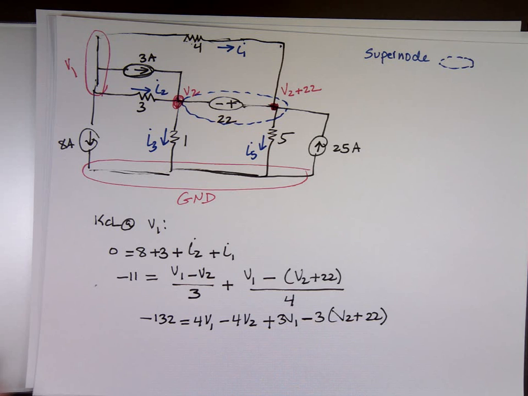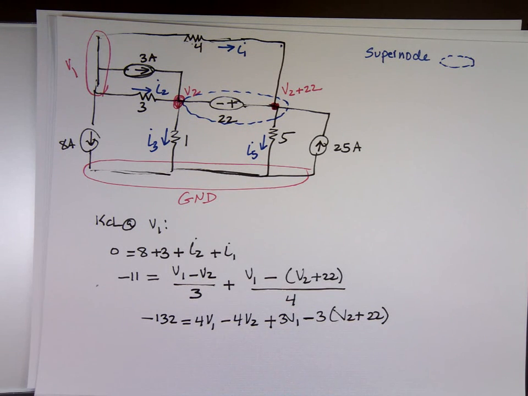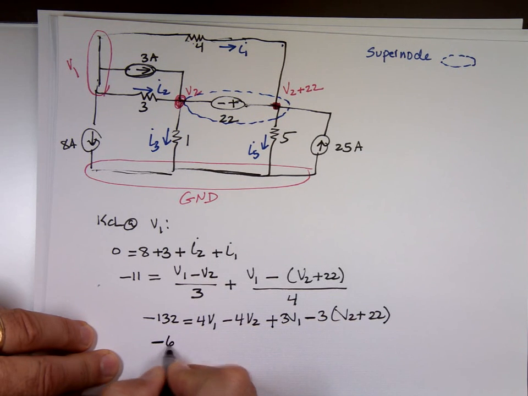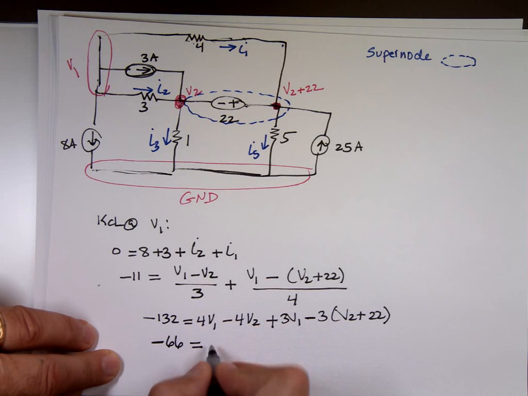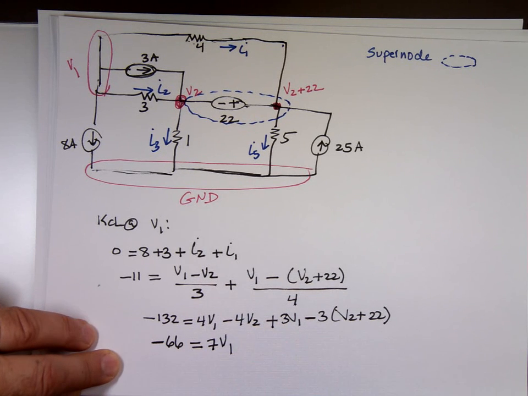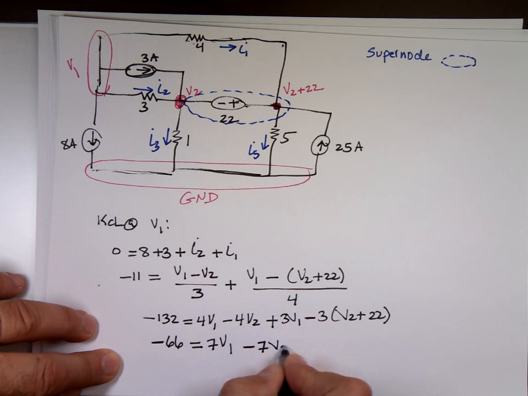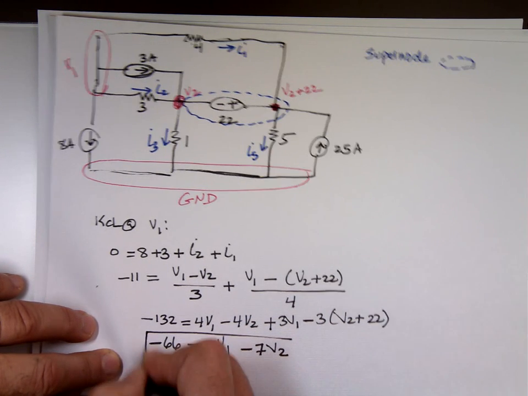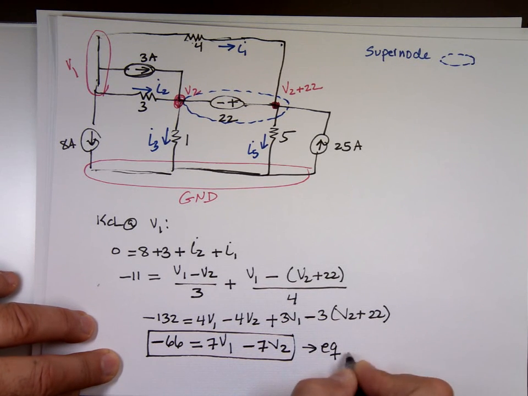This would be a minus 66. Bring it to this side plus. Four and 3 is 7 V1 minus 4 V2 minus 3 V2 is what? Negative 7 V2. That's equation 1.